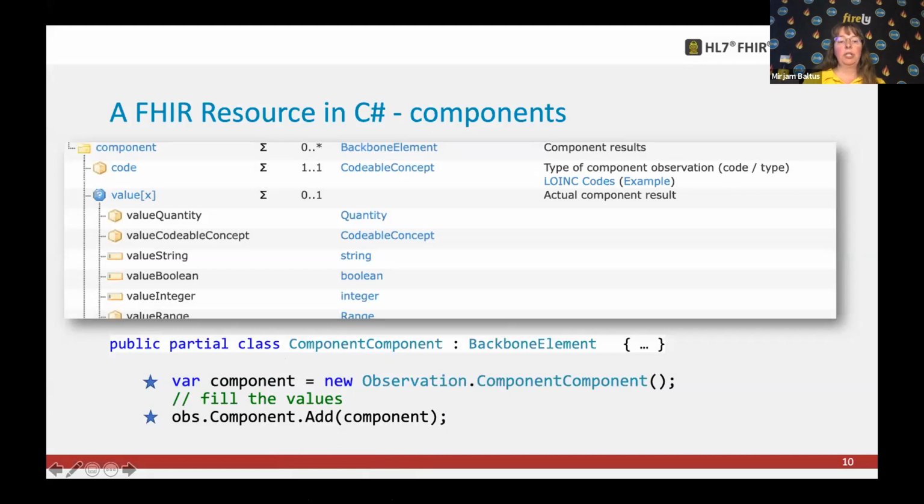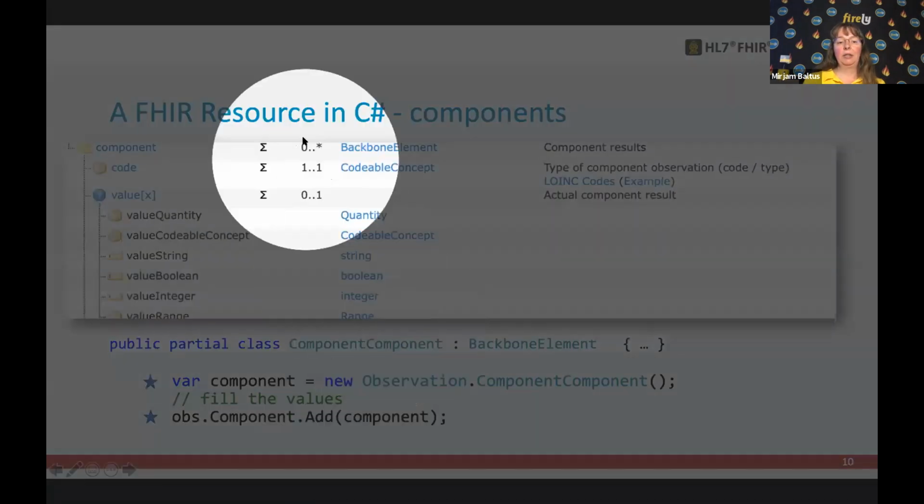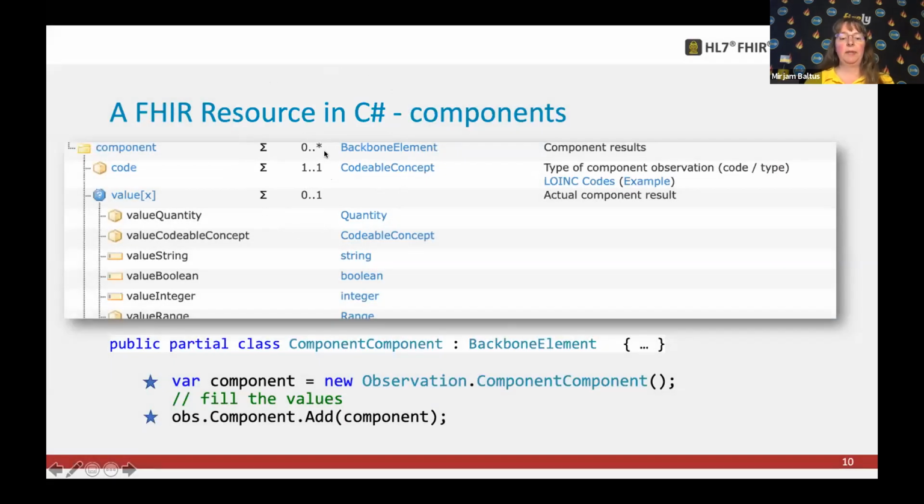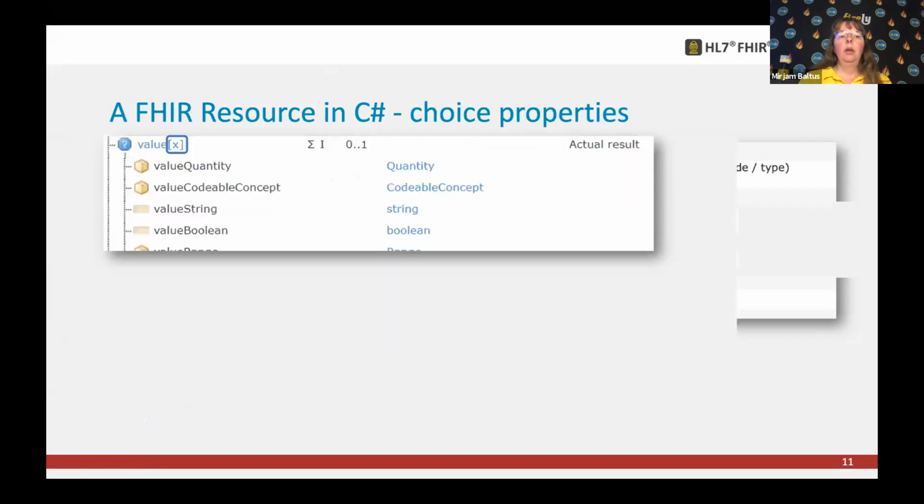This add, of course, is because we have a list, a 0 to star list of components inside of this particular observation. So we can fill the data inside. One of the things that you can find inside of that component is something called a choice property.